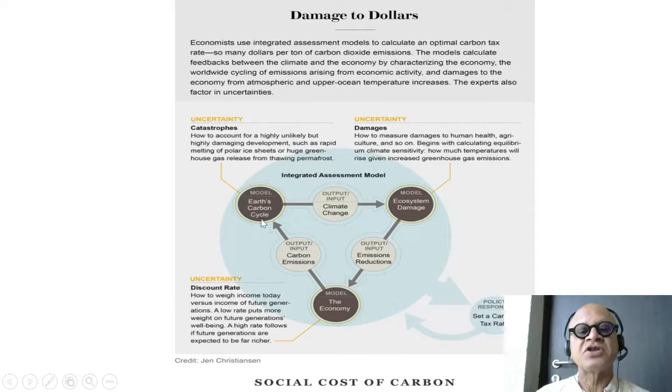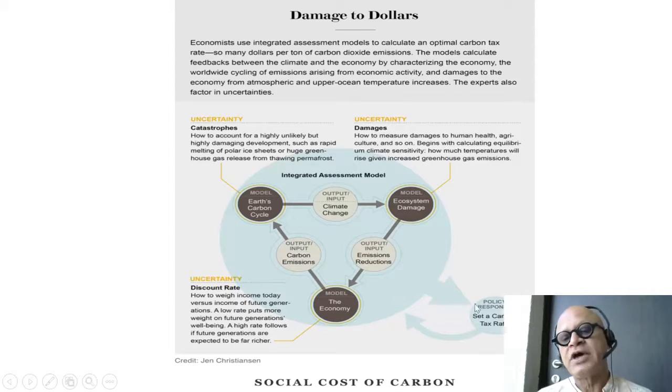There's the Earth's carbon cycle included as a simple module, ecosystem damage, and there is the model economy. And here is where the emissions come in. Emissions reductions, input output go between model ecosystem damage and economy, which then feeds back to the carbon cycle, which then affects the climate change and ecosystem damage.